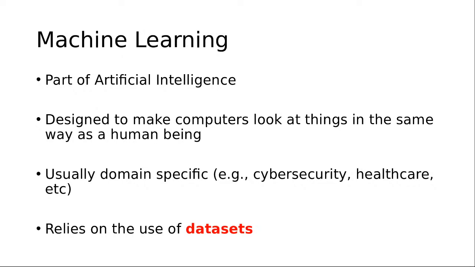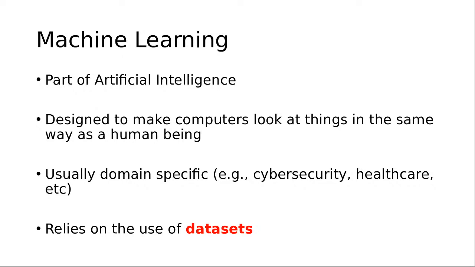So it's usually domain specific, meaning that it is typically limited to a particular sector, be it cybersecurity, healthcare, sports, cricket analysis, and so on. Machine learning relies heavily on data sets.